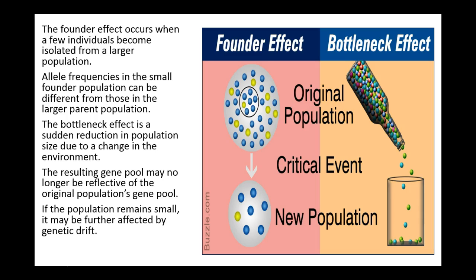And then the other thing is the bottleneck effect, where just a small portion of the original large population is allowed to reproduce and create the new population. So with the bottleneck effect, there's a sudden reduction in population size, and generally this is due to something catastrophic that happens in the environment.